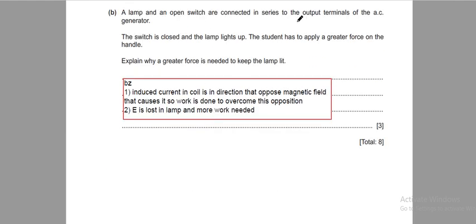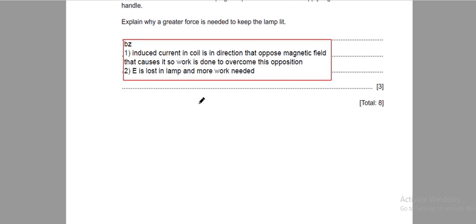A lamp and an open switch are connected in series to the output terminals of an AC generator. The switch is closed and the lamp lights up. The student has to apply greater force on the handle. Explain why. Because the induced current in the coil is in a direction that opposes the magnetic field that causes it.